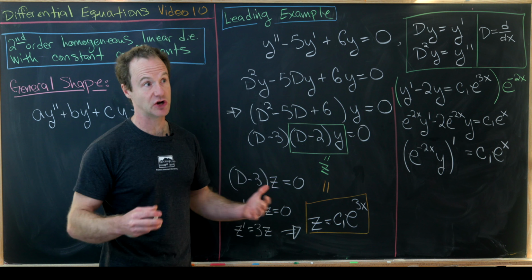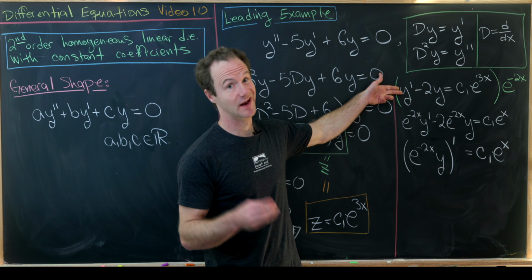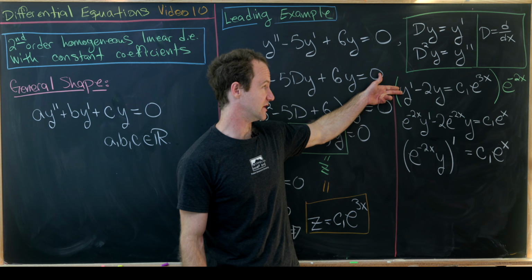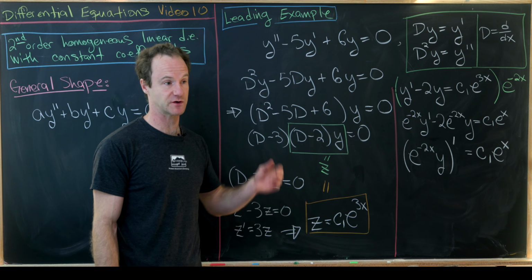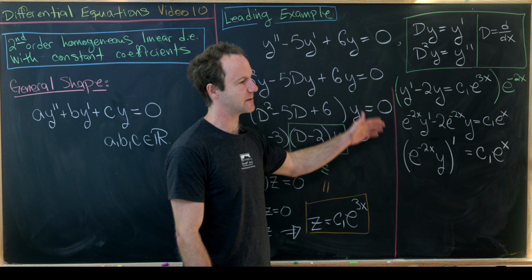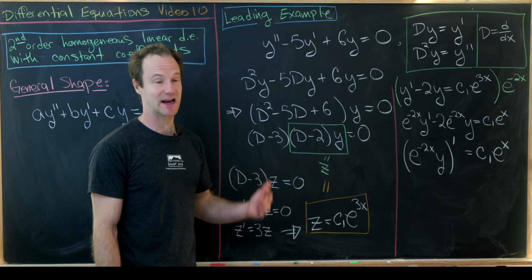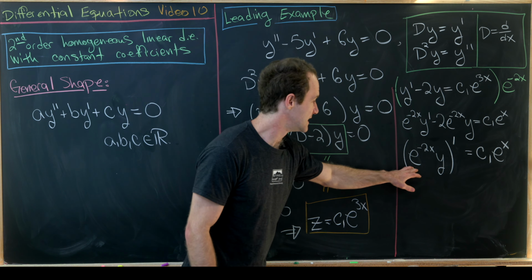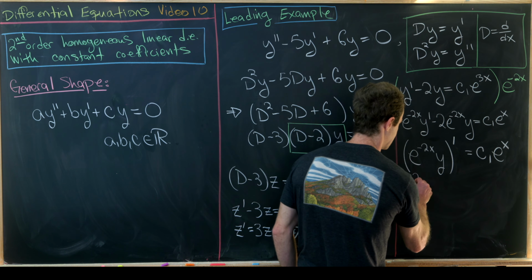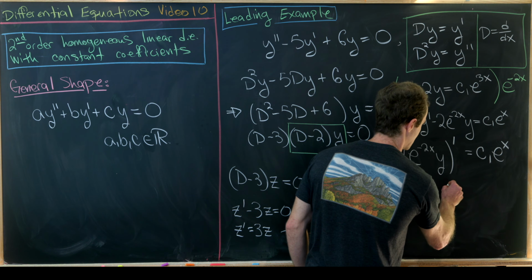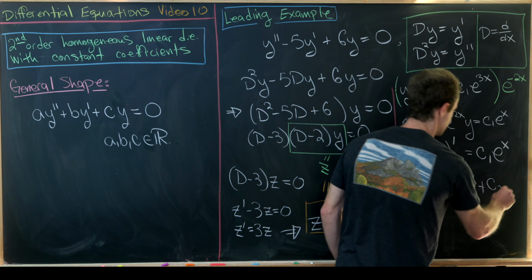And I should underscore one more time that we could have just looked at this original first order differential equation and used our standard formula for solving a first order linear differential equation. But I think this is a little more aesthetic way to solve it. Okay, so anyway, now we can take the antiderivative of both sides. That'll give us e to the minus 2x times y equals c1 e to the x plus c2.